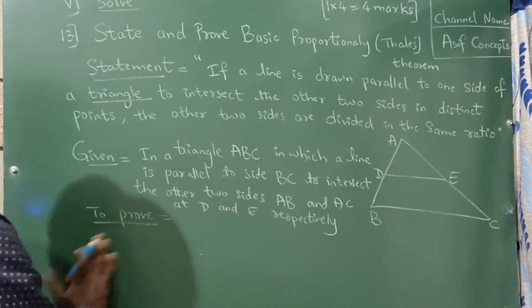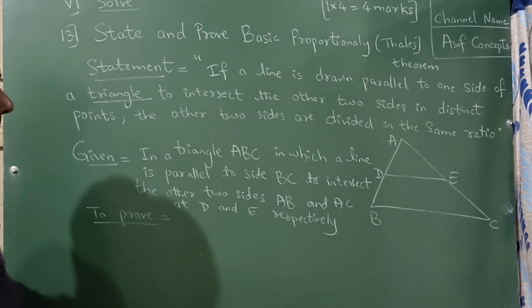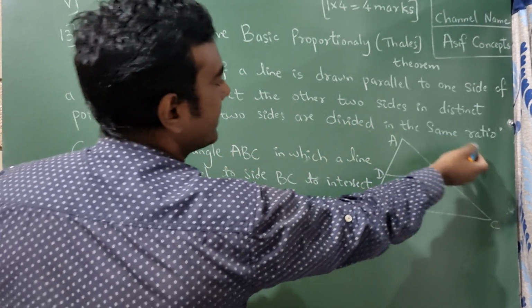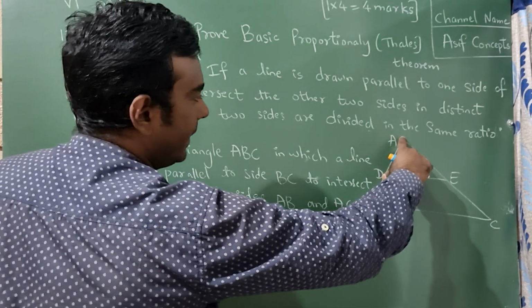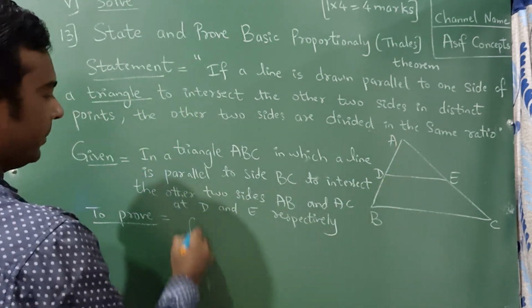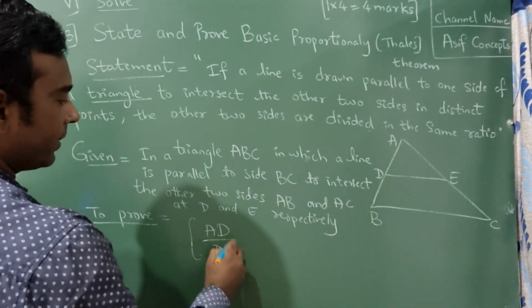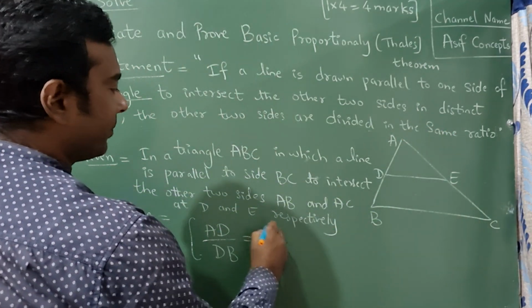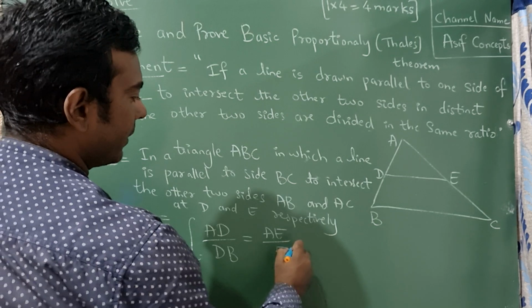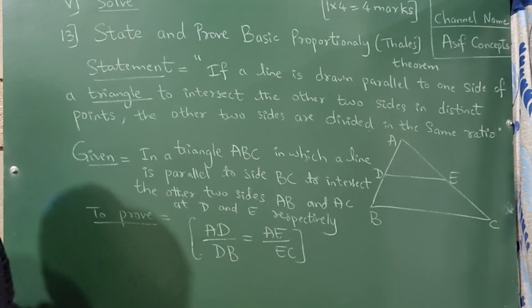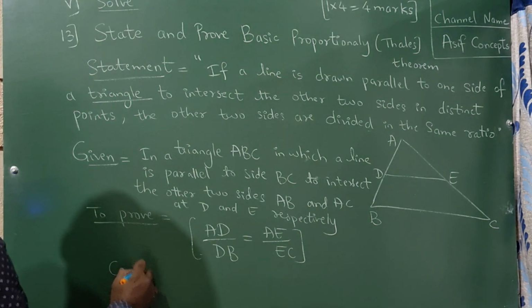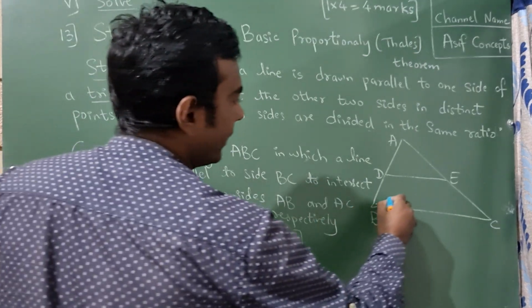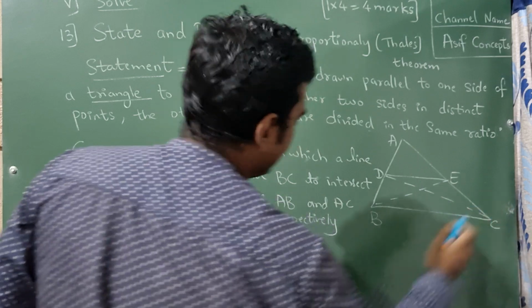Okay, this is over. Now what we need to prove? We need to prove that the other two sides are divided in the same ratio. It means AD by DB is equal to AE by EC. Now to prove is also over. Construction part. In construction part, join BE and DC.